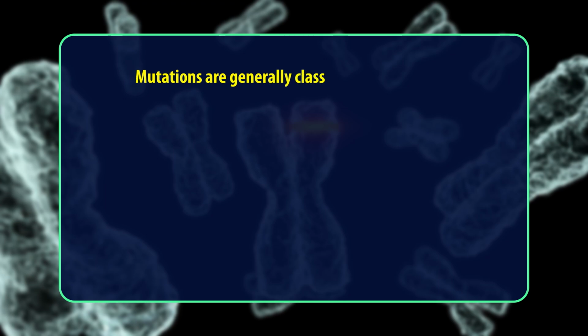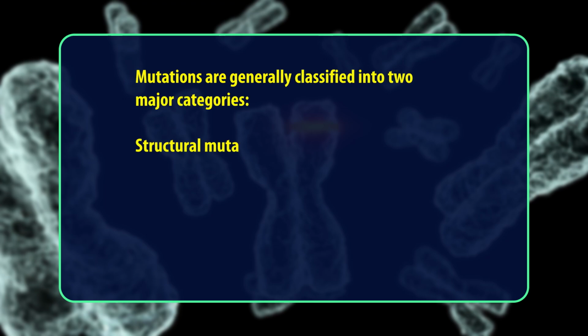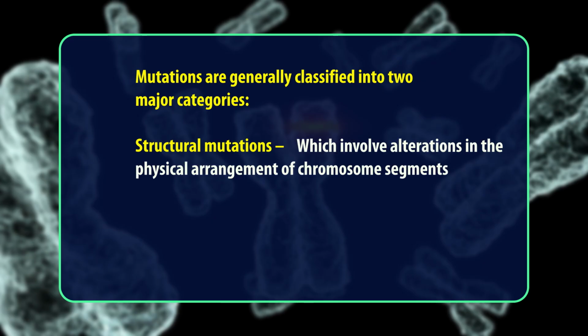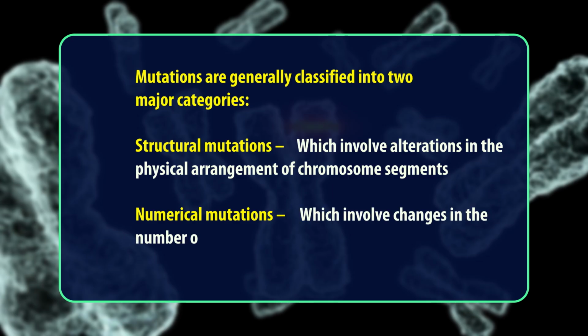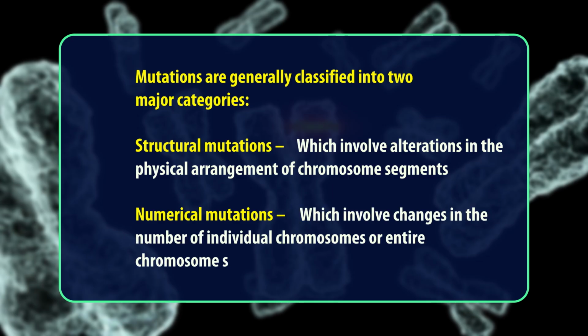These mutations are generally classified into two major categories: the structural mutation, which involves alteration in the physical arrangement of chromosome segments, and numerical mutations, which involve changes in the number of individual chromosomes or entire chromosome set.